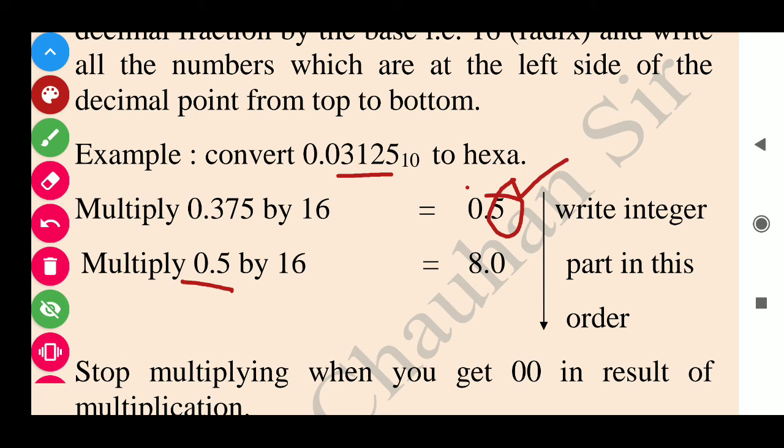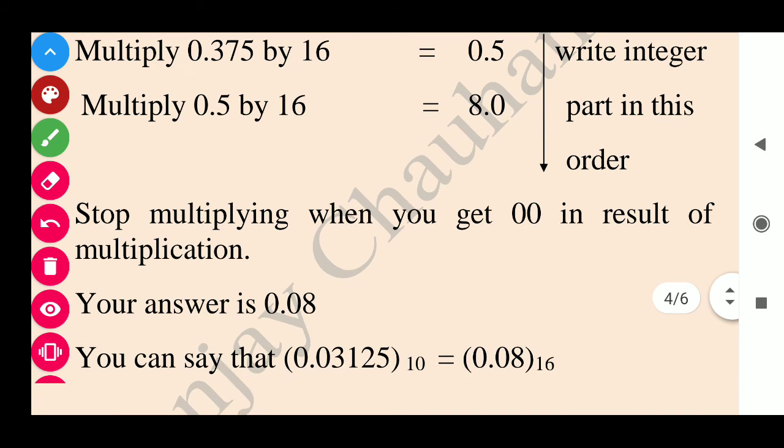So your answer will come this way, and you take this 8 and write from top to bottom. Stop multiplying when you get 0 in the result of multiplication. So your answer is 0.08, and you can say that 0.03125 base 10 decimal number is equivalent to 0.08 in hexadecimal.